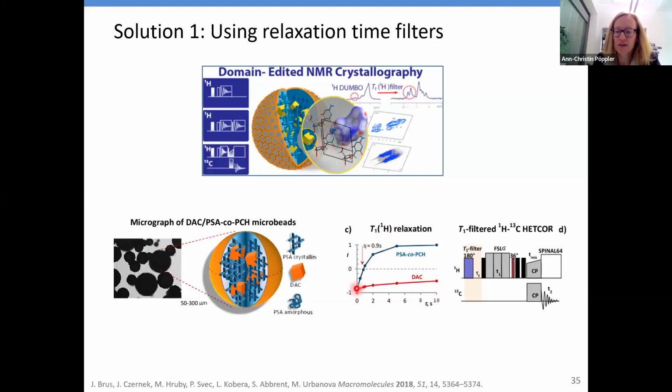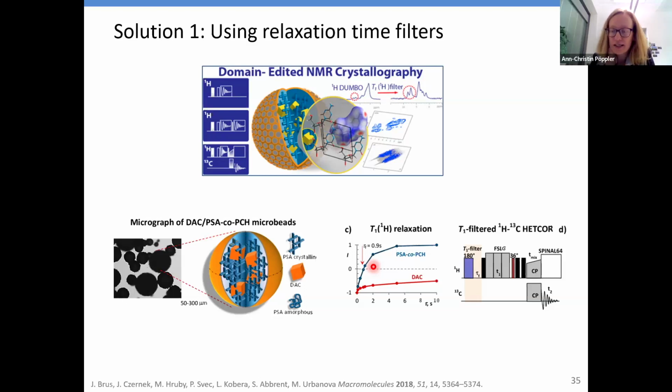And you can see here that based on the T1 relaxation, you can discriminate between the two components, the orange blocks and the matrix. And then you can choose a specific condition so that you can simplify the spectra by taking advantage of different relaxation behavior.